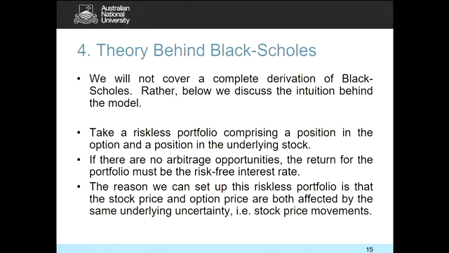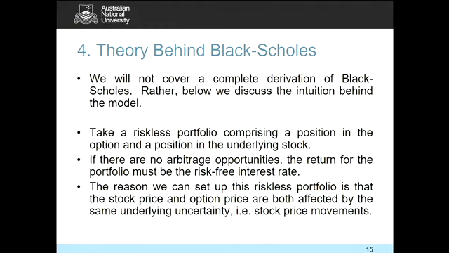So like I said at the beginning, all we do is we set up portfolios where we have a position in an option and a position in the underlying asset. Hopefully for all of you sitting there, you go, that's what happened last week. Right? Remember we solved for delta. How many shares did I need to buy to correspond with my option such that if I went up or down the tree, the value was the same.